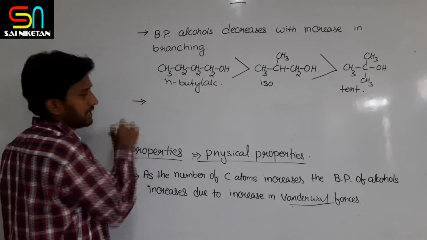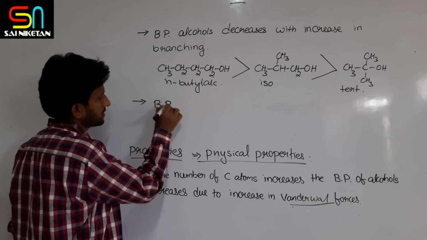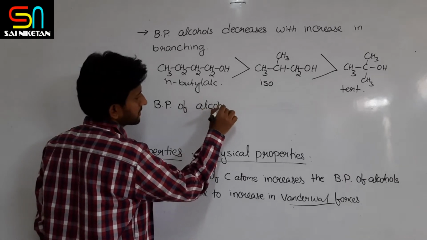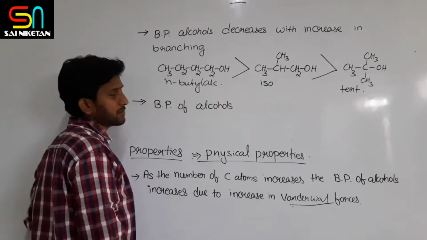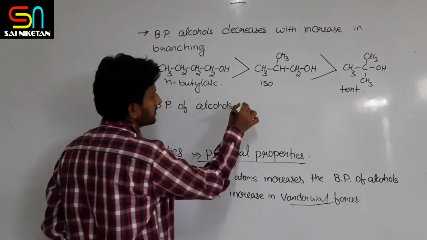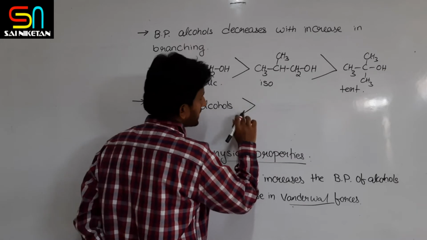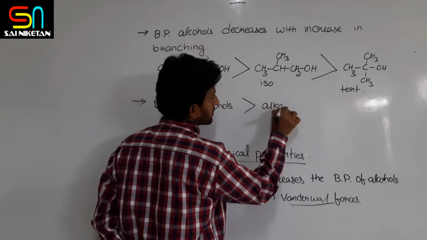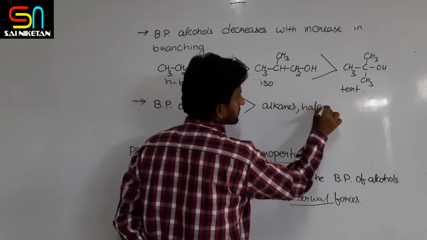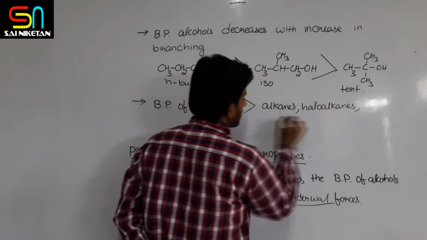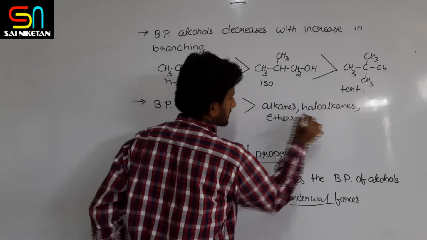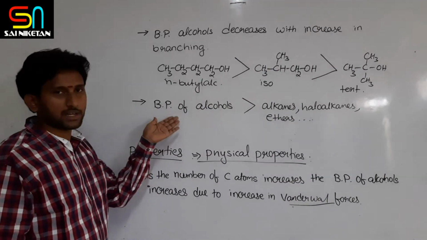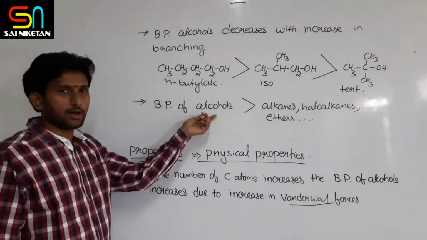And also it is found that boiling point of alcohols of similar masses, okay, of nearly same masses, will be greater than that of their respective other compounds, like alkanes, haloalkanes, and also ethers, etc. Because here we are comparing boiling point of alcohols with any alkane having similar mass.